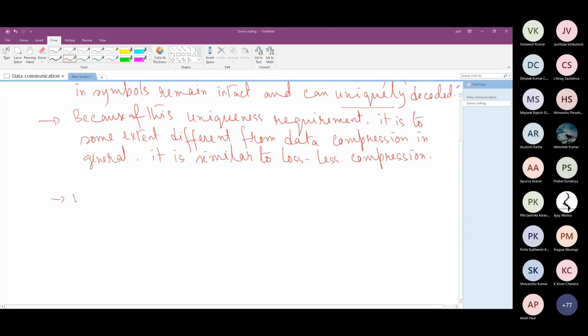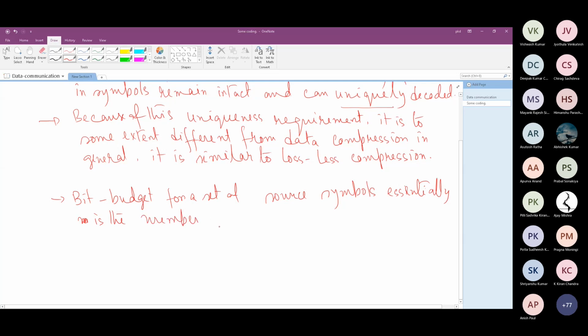The bit budget for a set of source symbols is essentially the number of bits or binary symbols required to represent them.